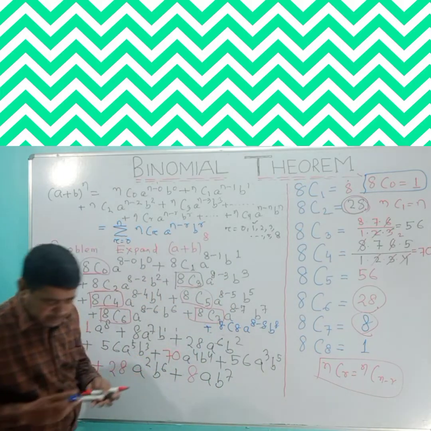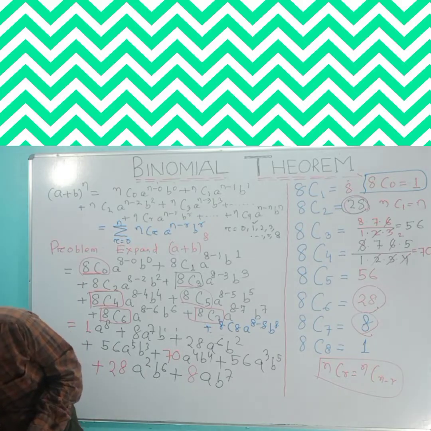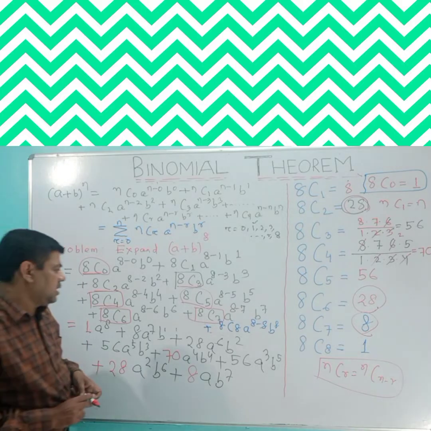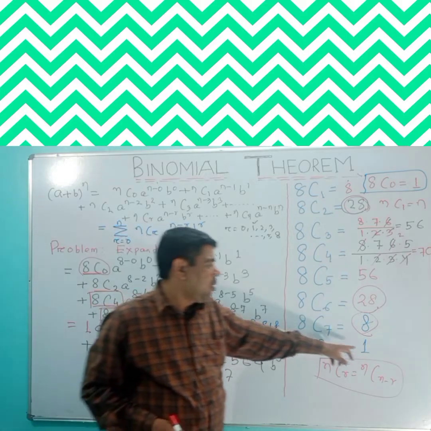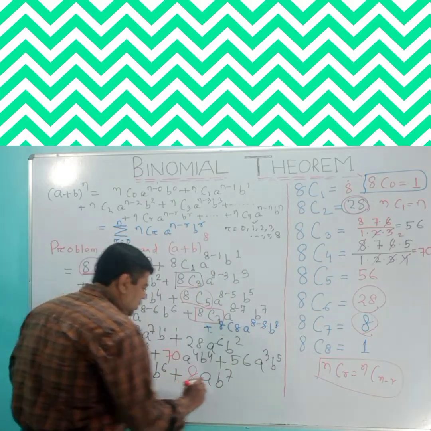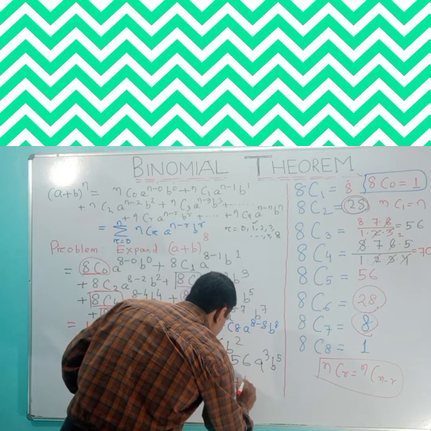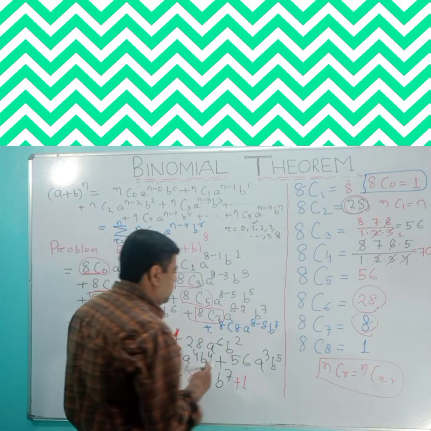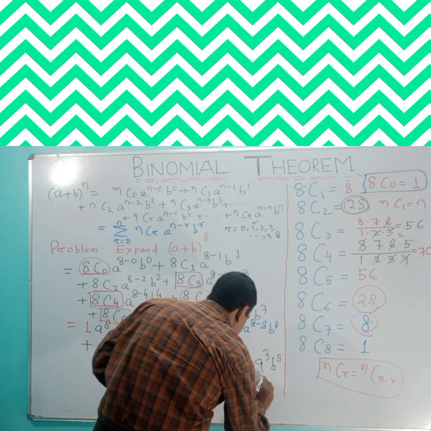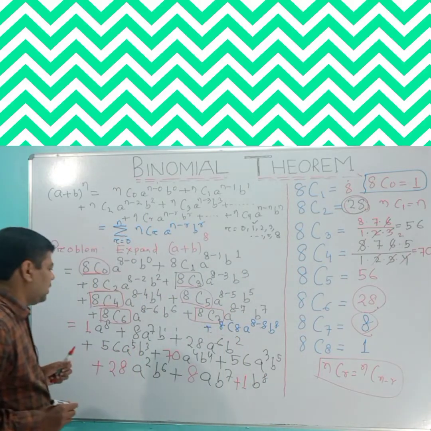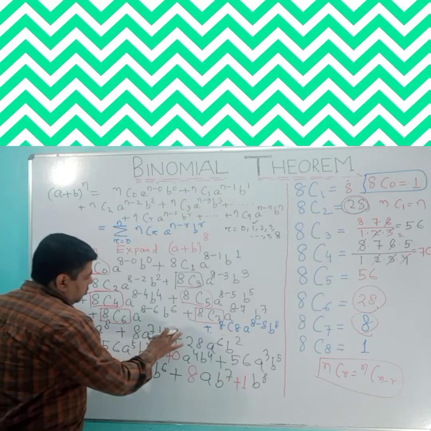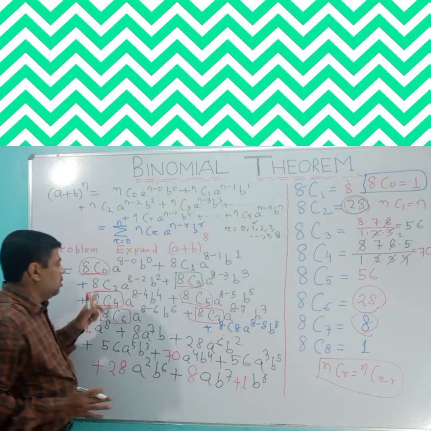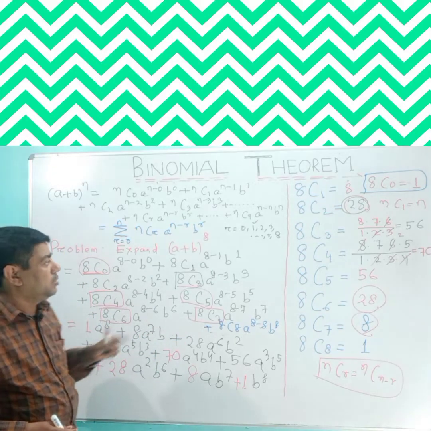The value of 8C8 is already 1. So write 1, and a to the power 8 minus 8 is a to the power 0, which means 1, and b to the power 8. This is the expansion of the binomial theorem, and using this we expand a plus b whole to the power 8.